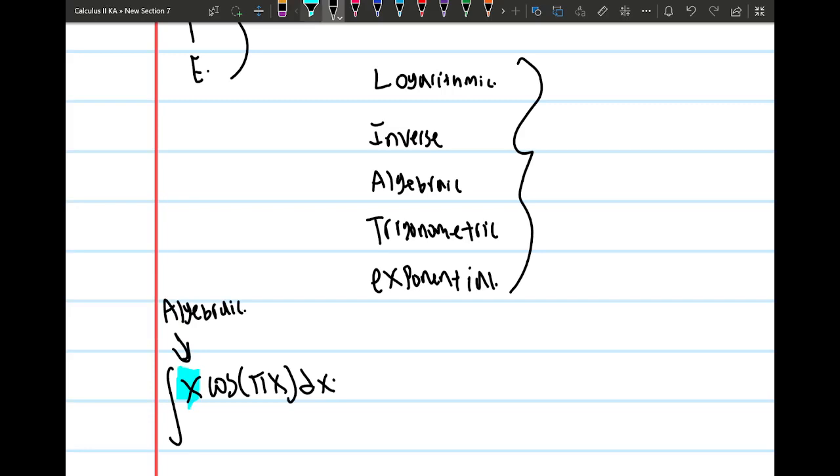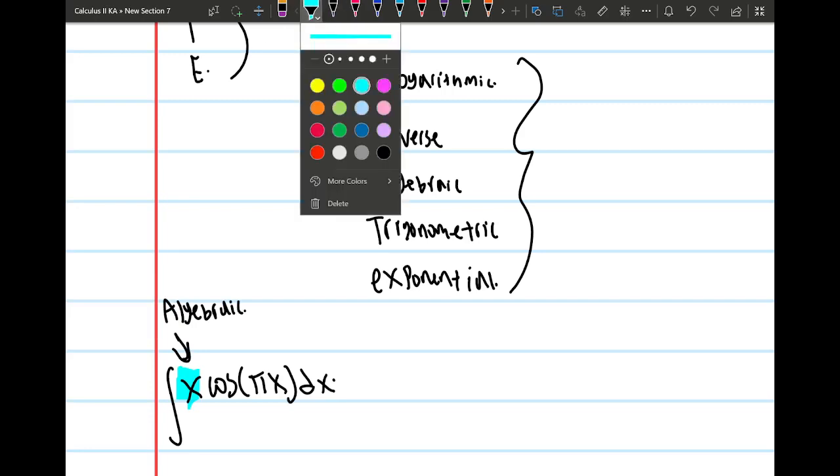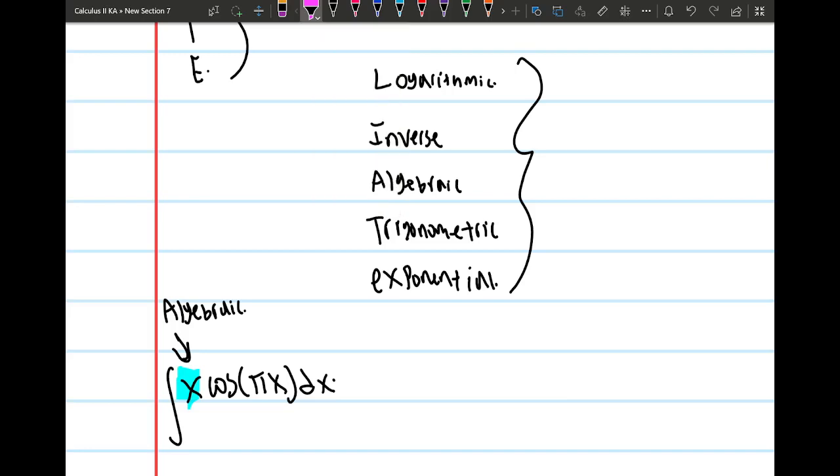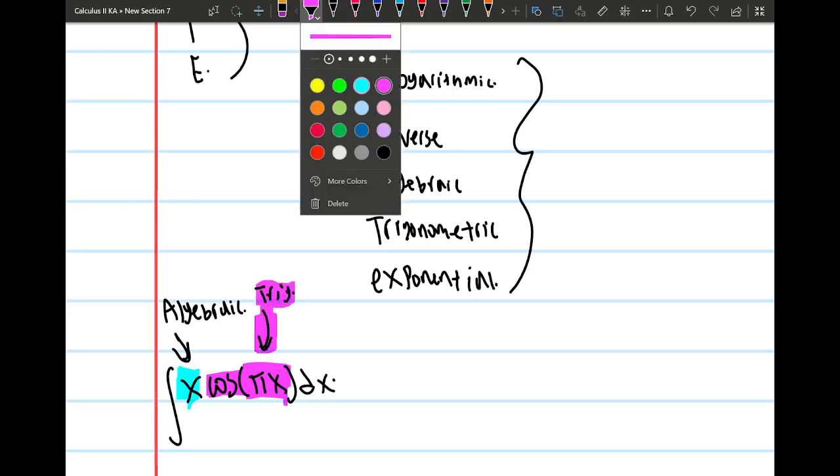And then there is a trigonometric expression, so the cosine of pi x is trigonometric. Just to make it very clear, this is this one, and this is this one.